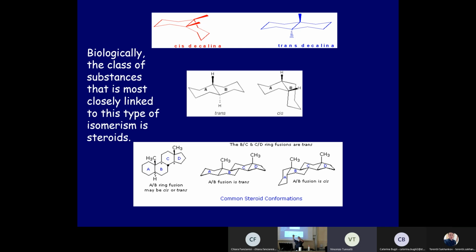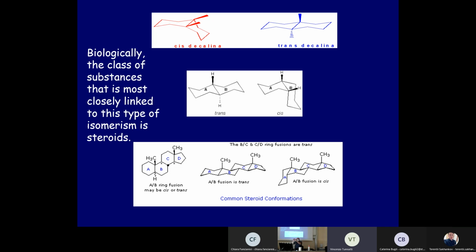I have here the model. You see the two hydrogen atoms are in the same part. This means that these two six-member rings are quite perpendicular.